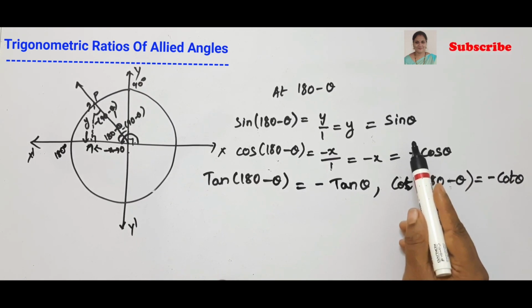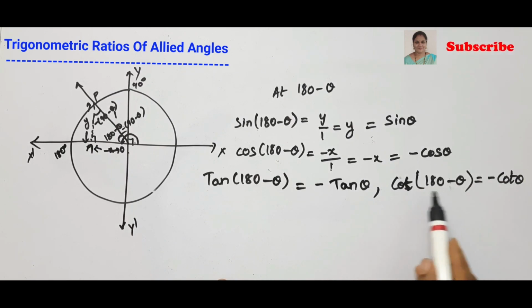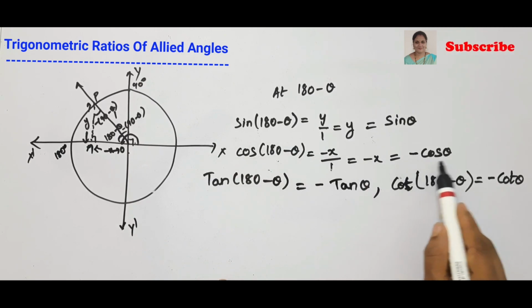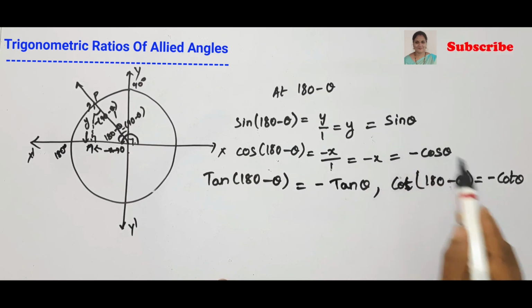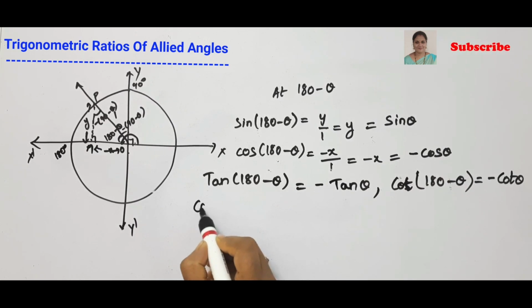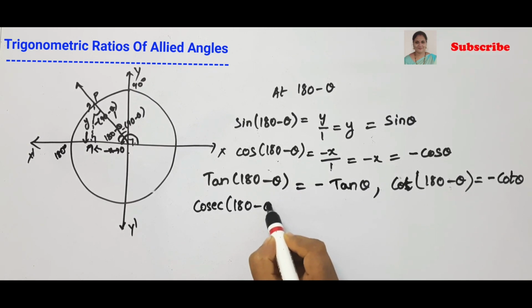You can also study from these sin and cos values. That is cot 180 minus theta is nothing but cos 180 minus theta by sin 180 minus theta. That is minus cos theta by sin theta. We will get minus cot theta. Okay. Now cosecant 180 minus theta, at an angle 180 minus theta, is nothing but the reciprocal of sin theta.